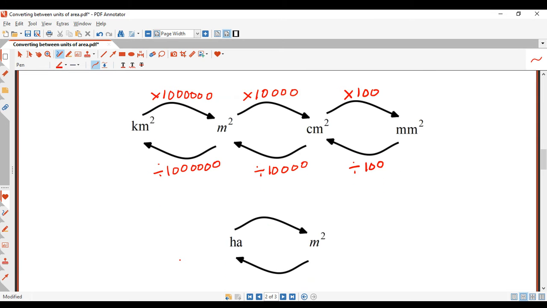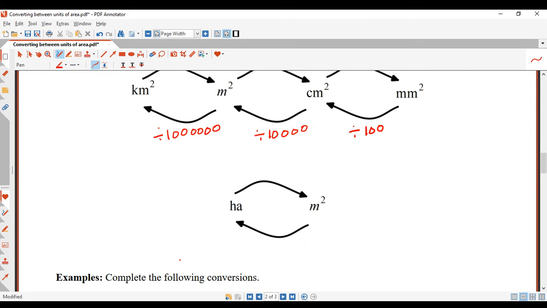All right. Now what about hectares and metres squared? Now we know that 1 hectare is 10,000 square metres. So if you look at my number 1 here, to go from 1 to 10,000, I'm timesing by 10,000.